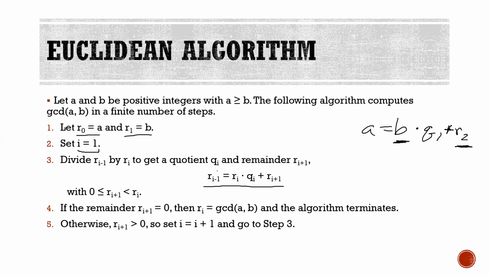If it's not 0, then we repeat the steps, but we now take the B and it becomes R2 times some new quotient plus some new remainder. So I'm going to run the division algorithm again and figure out the remainder. If this remainder is 0, then it means that R2 is the greatest common divisor. If it's not 0, I just have to run through it again.